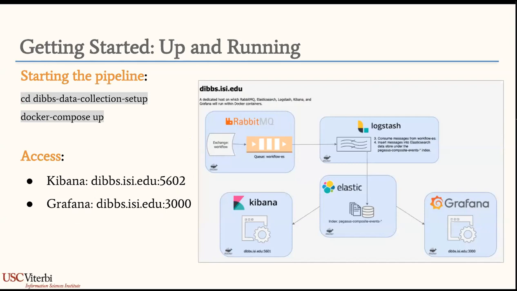So at this point, all of the services you see here on the right will be started up on your host machine. And that's basically it. You have the whole pipeline set up with all the components connected to each other. So from data collection to visualization, data exploration, you'll be able to do that. And you just need to go to these URLs here.